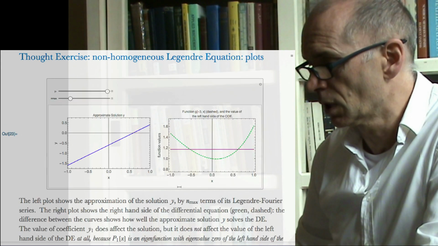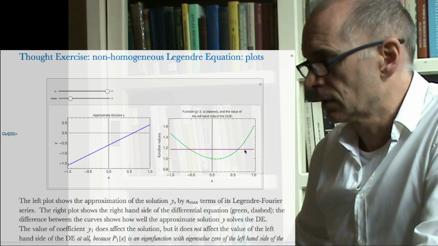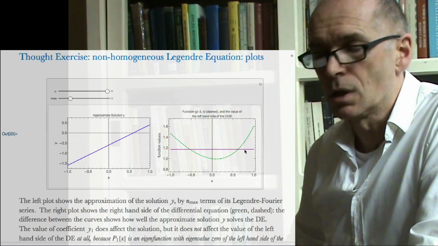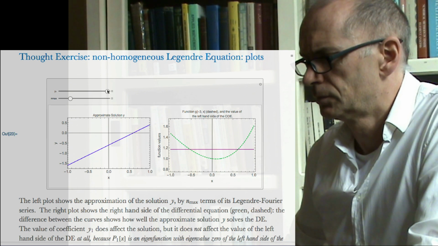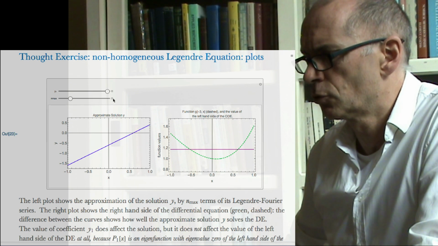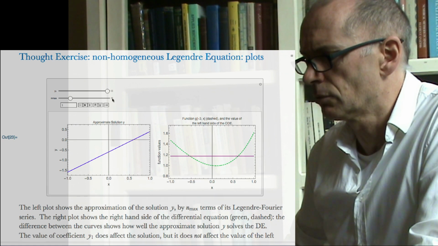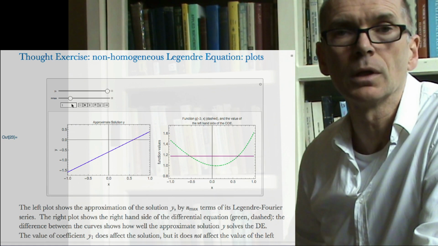But in the graph, I get the horizontal straight line, and that is because I don't take too many terms of the series into account yet, only one, namely.